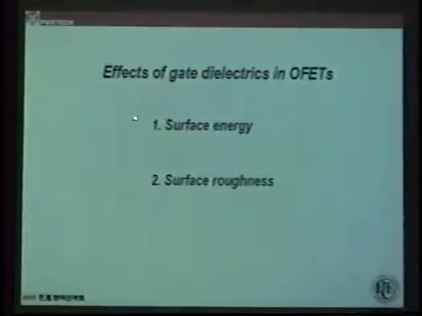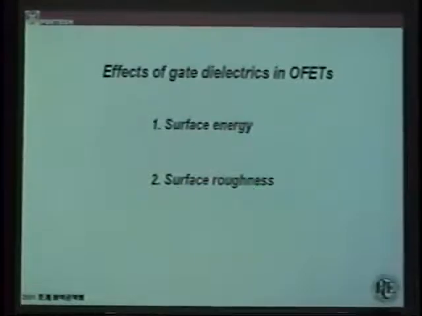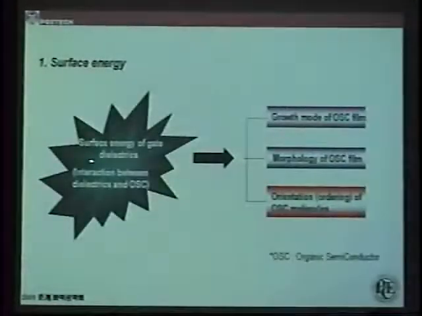So the two topics: one is surface energy, and secondly we talk about surface roughness. Surface energy, as I said, the interaction between the dielectric layer and the semiconductor layer, is important for the morphology and the packing of the semiconductor material and crystallinity also.